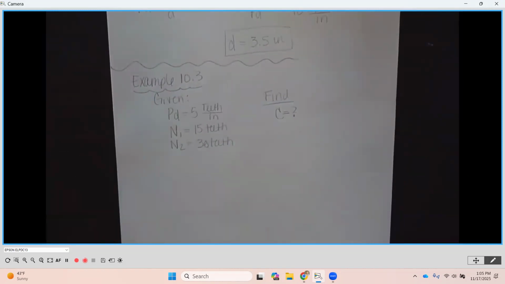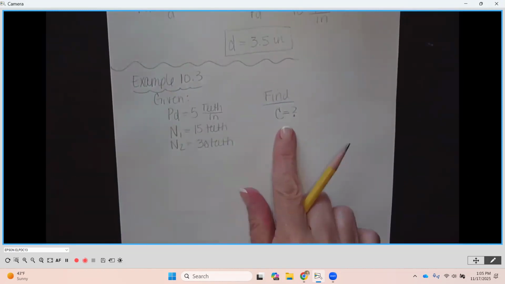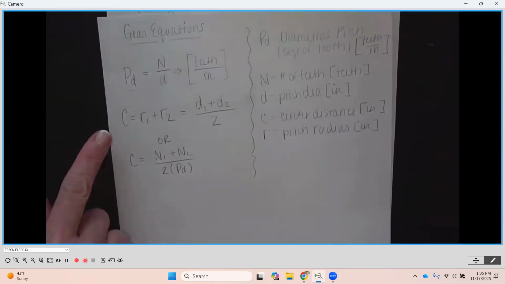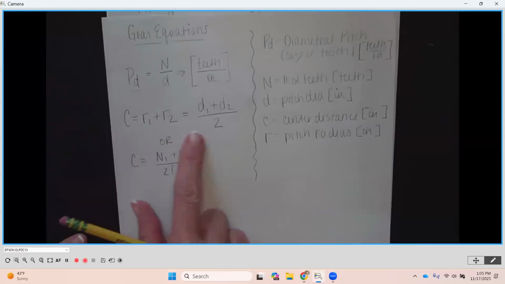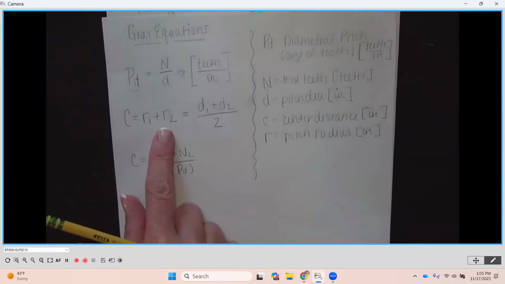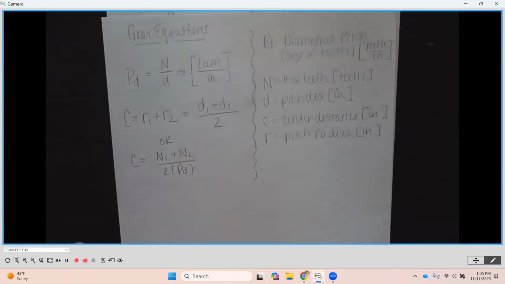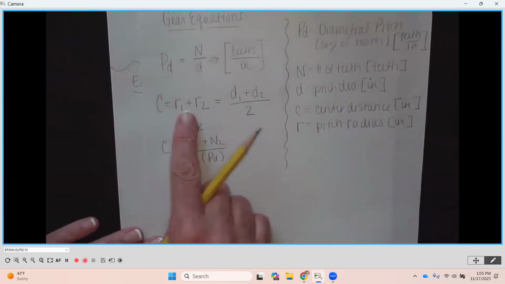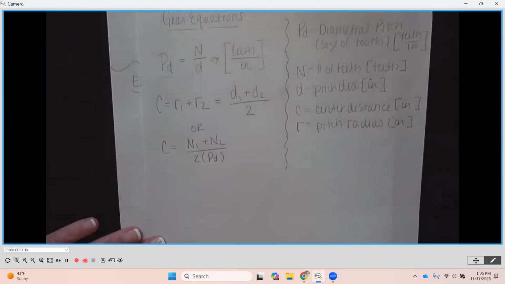So as we look at our equation sheet to find the center distance, we had two equations, right? We had pitch diameters, radiuses, or number of teeth and diametral pitch. Which one, based on the information that we're given, do you think we should use? The first one or the second one?